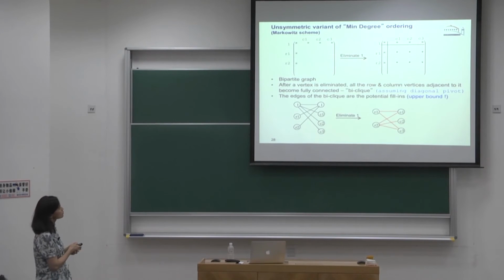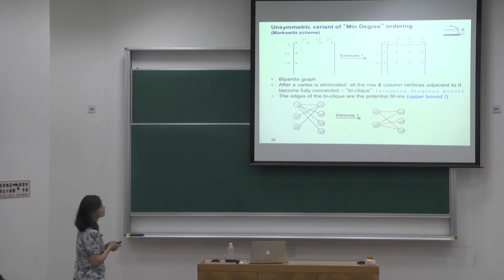So you have a row set of vertices and a column set of vertices. After removing the first vertex, all the remaining vertices become fully connected. This is not correctly a clique in the computer science term, but we call it a biclique. All the vertices from the row set will be connected to all the vertices of the column set. So it's still like the clique concept, and it's an upper bound.